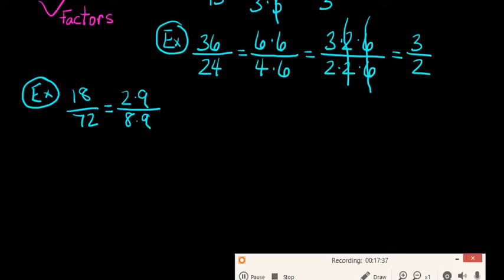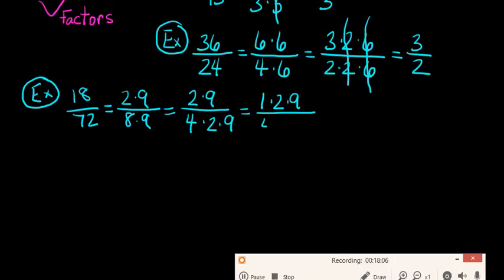2 times 9 over, 8 is 4 times 2 times 9. So to help me line that up in the numerator, I can say 1 times 2 times 9, just to help us see it better, over 4 times 2 times 9.